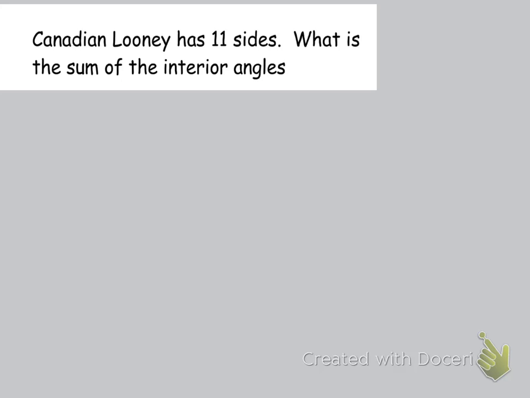Okay, Canadian loonie. For those of you who don't know, a Canadian loonie is a form of their currency. It's a coin, and it has 11 sides. What is the sum of the interior angles? Okay, we just worked on that one, but let's do it again. So we take the number of sides, 11 minus 2 times 180.